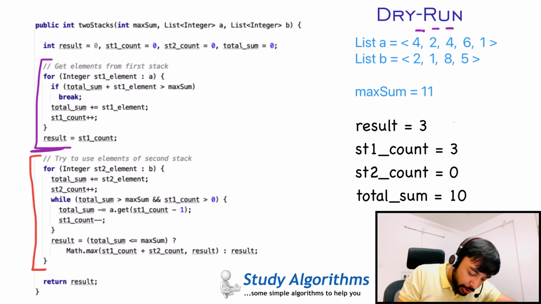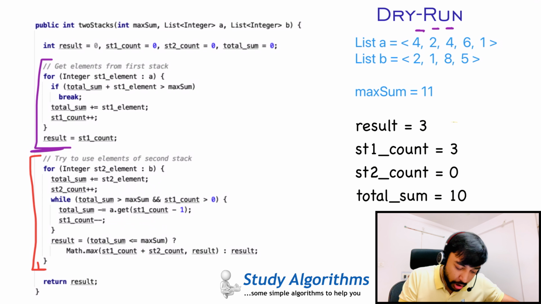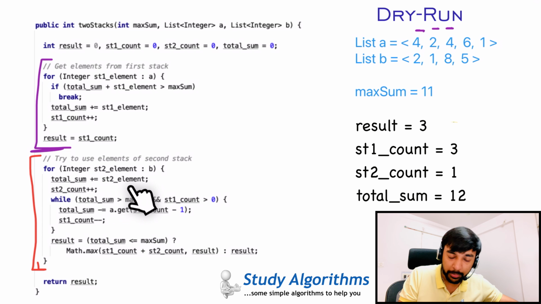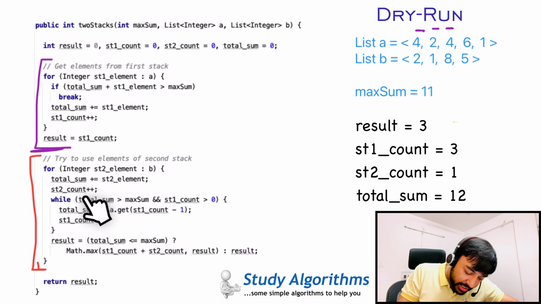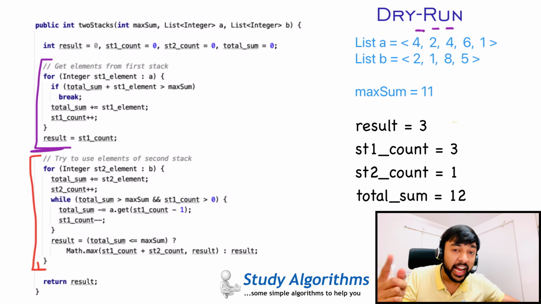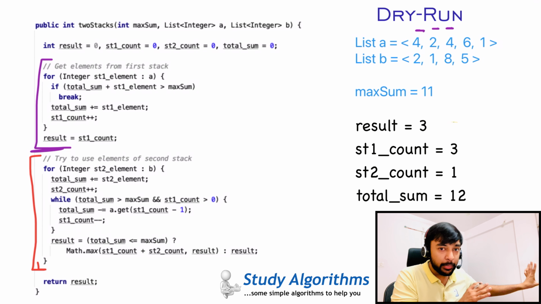Now we will try to use the elements from the second stack. So what we do is we try to add the elements of stack 2 to our total sum. And we then increase the count, stack 2 count plus plus. That means we added one element from the other stack, right? But right now we did not remove any element from the first stack.